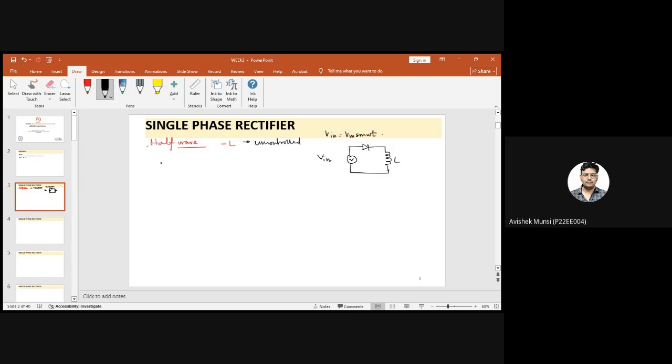So what will happen in this case? If we look into the graph, this is my Vin. This is my Vm, this is my minus Vm. Now if we consider the output voltage, then what will happen?